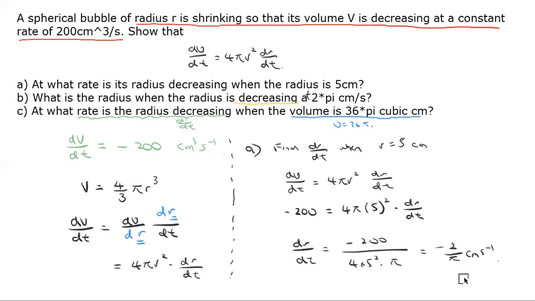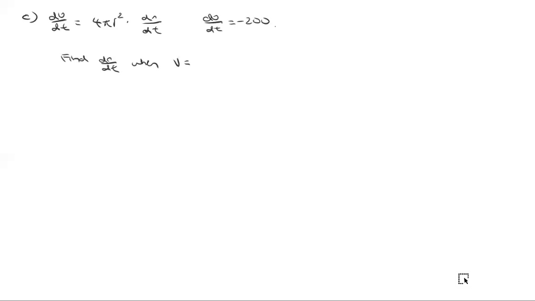Let me do it on a new sheet. We know that dV/dt is 4 pi r squared times dr/dt. We also know that dV/dt is equal to negative 200. And the question is saying find dr/dt when V equals 36 pi. Understand?